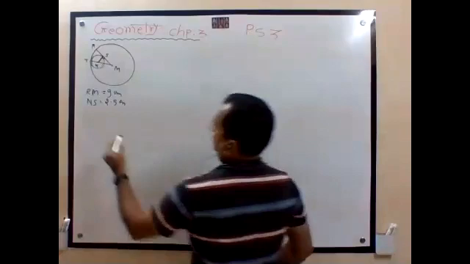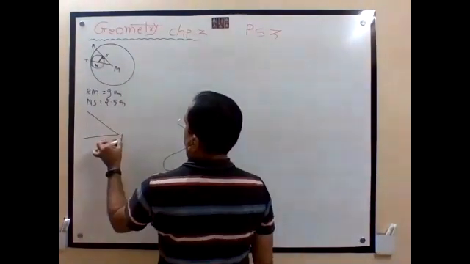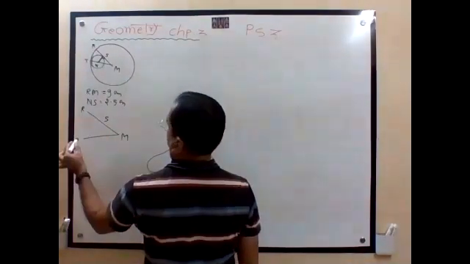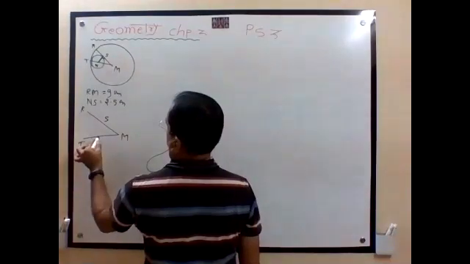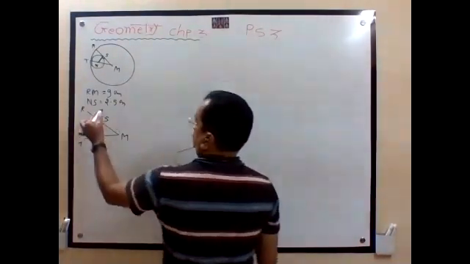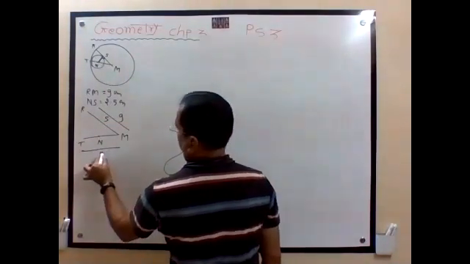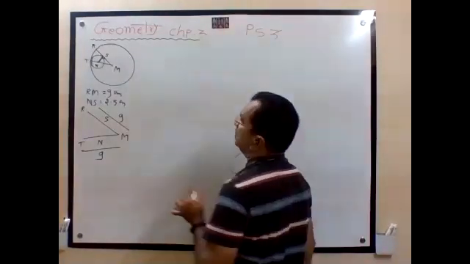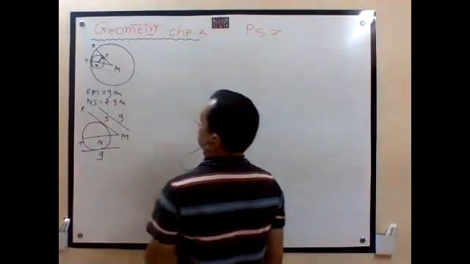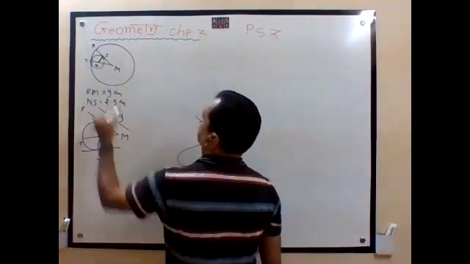Very intelligent diagram. This is M, this is R, this is S, T, N. So this much is 9, so this much also 9. Now I have drawn a circle like this, and this much is also a radius.